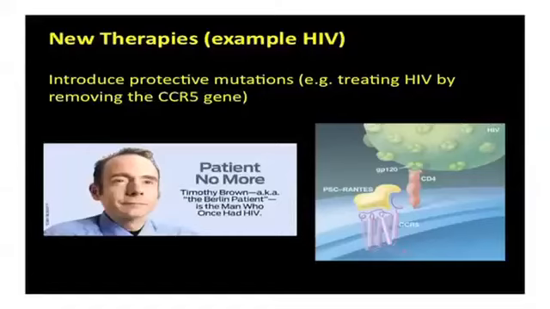These are 2 different receptors on the immune cell. And it turns out that one of the receptors, CCR5, is not so important for a person to live a very healthy life, because there are individuals who are naturally devoid of the CCR5 protein. So what that means is that we can get rid of the CCR5 using genome editing, and then the virus wouldn't be able to infect the patient.